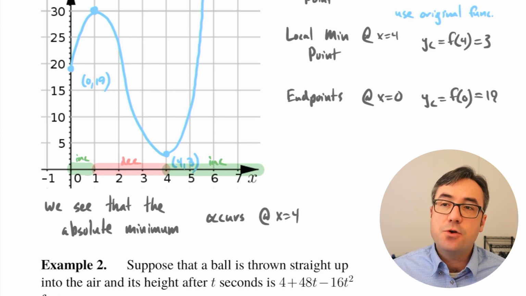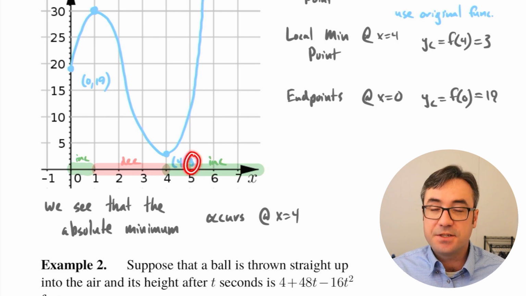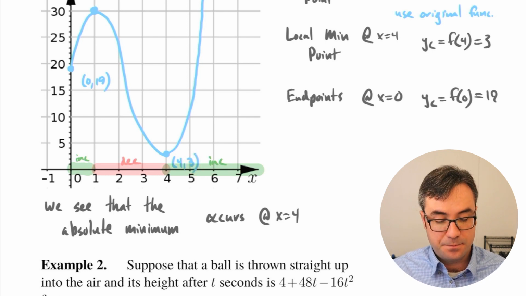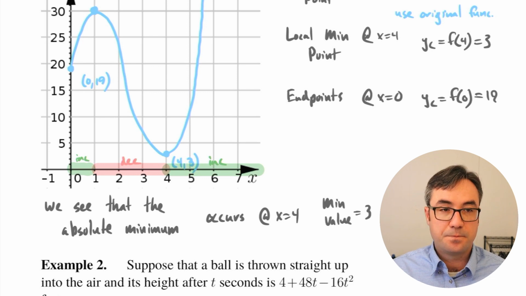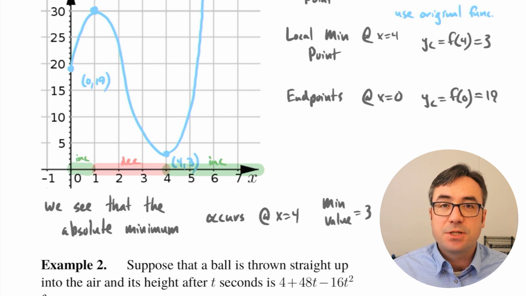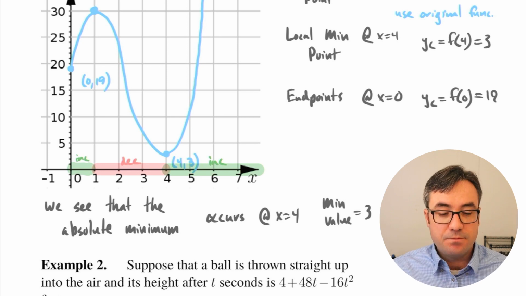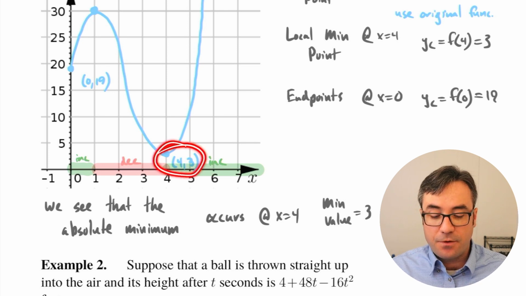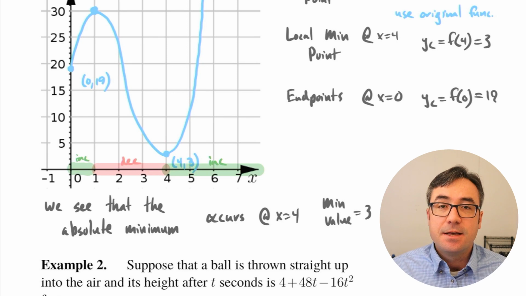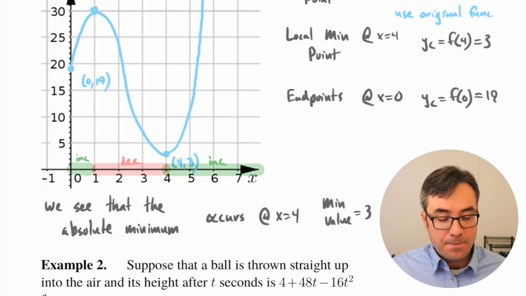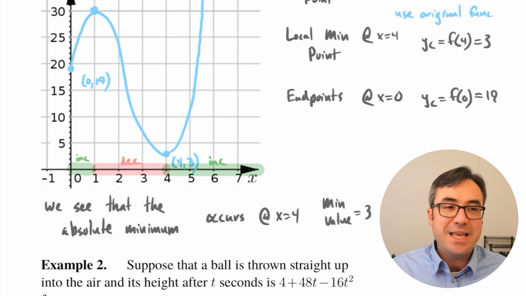And the min value is the y-coordinate, this value 3. So the absolute minimum for our function occurs at our critical number, x equals 4, and the minimum value there is 3.